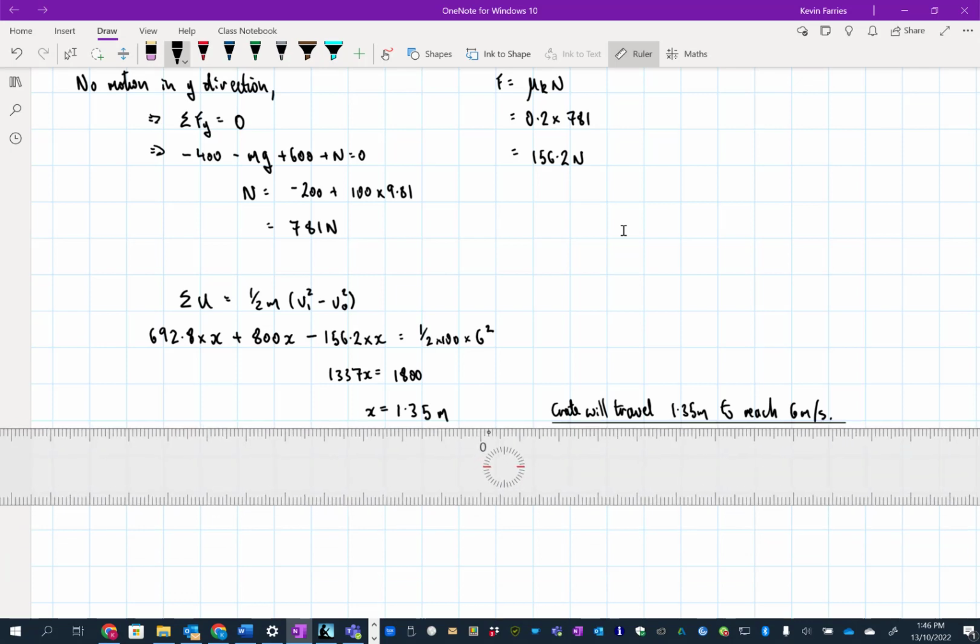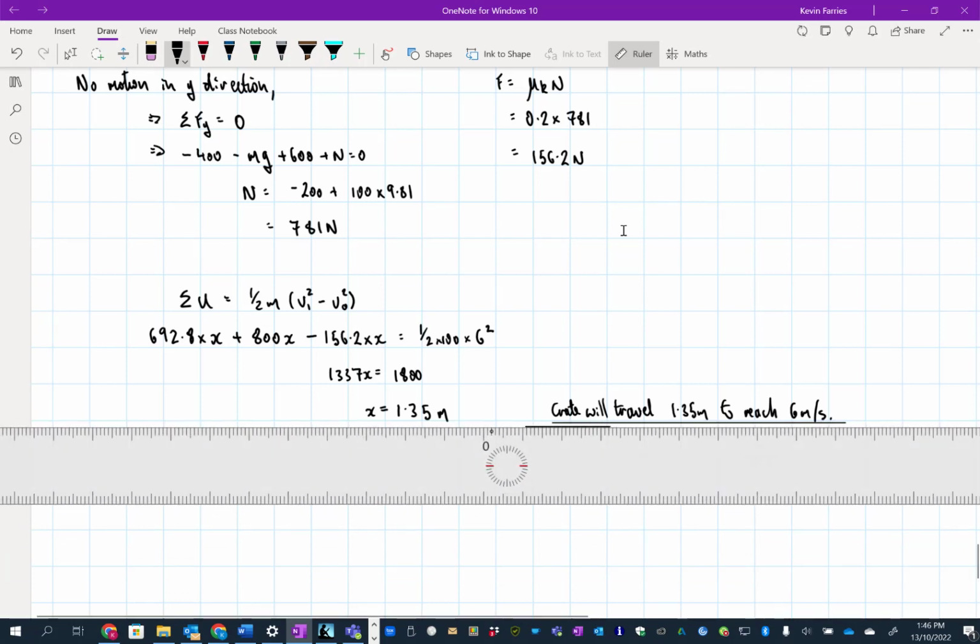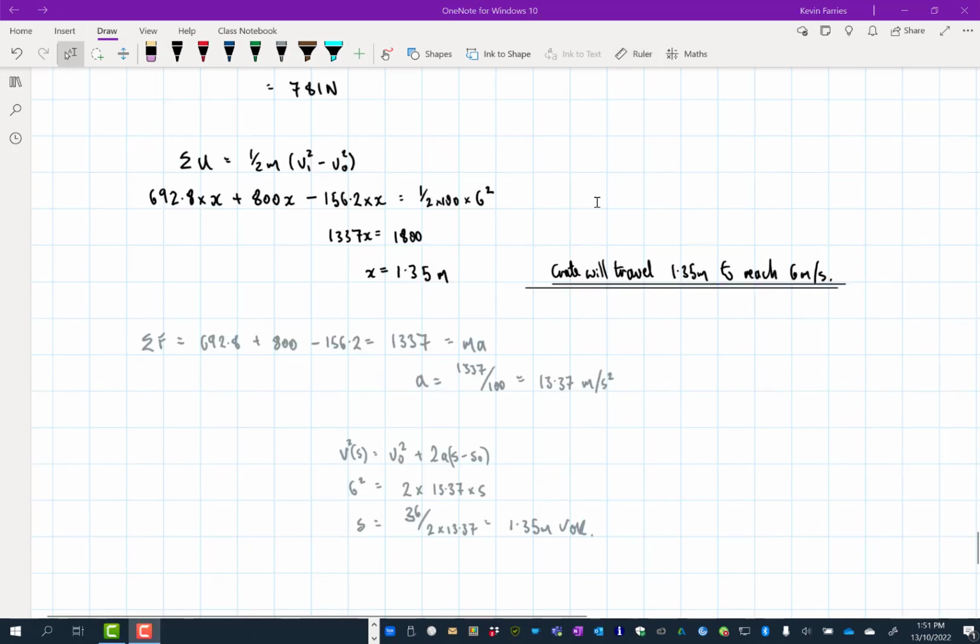I'll do the quick check using the equations of motion and Newton's second law, then I'll be right back. You're basically using kinetics and getting the same answer, so we can be fairly confident this is correct.